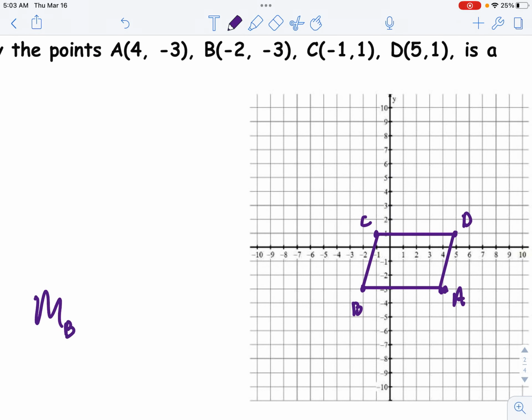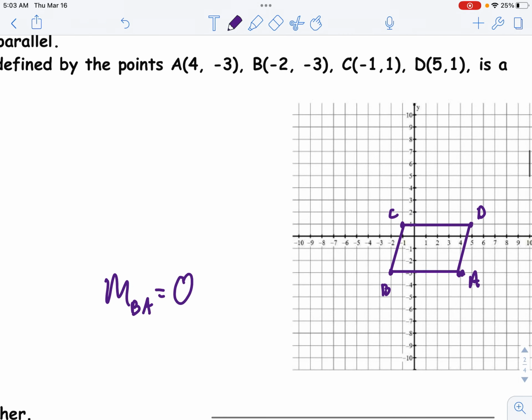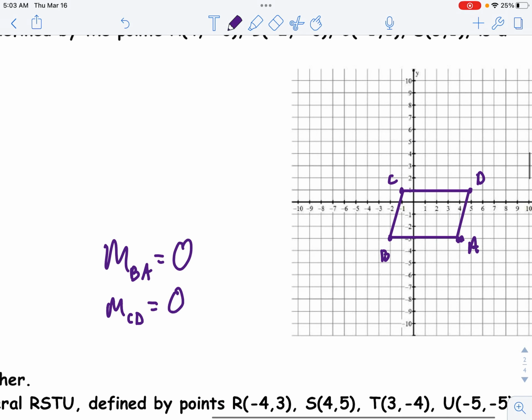Alright, the slope of BA is 0. Think of slope, dude. This is 0 fun. This is 0 fun. That's 0 as well for CD. Alright, these horizontal lines are clearly parallel, so I can say BA is parallel to CD.